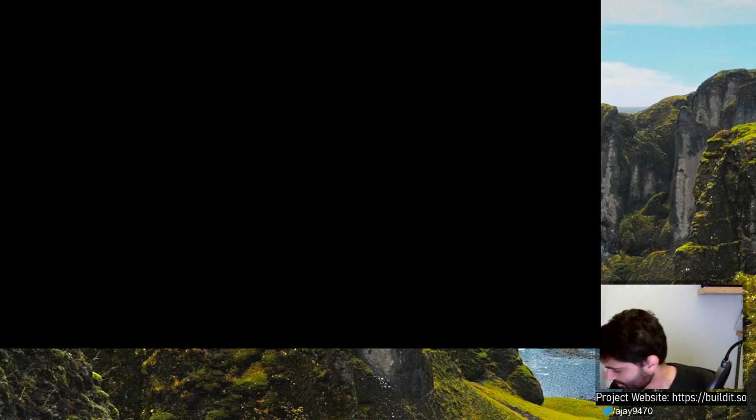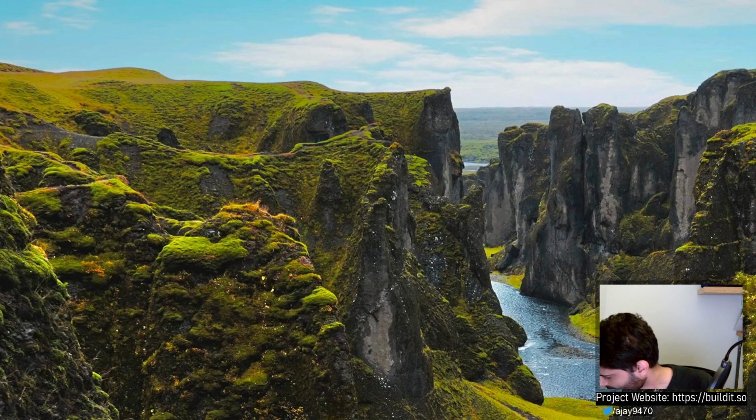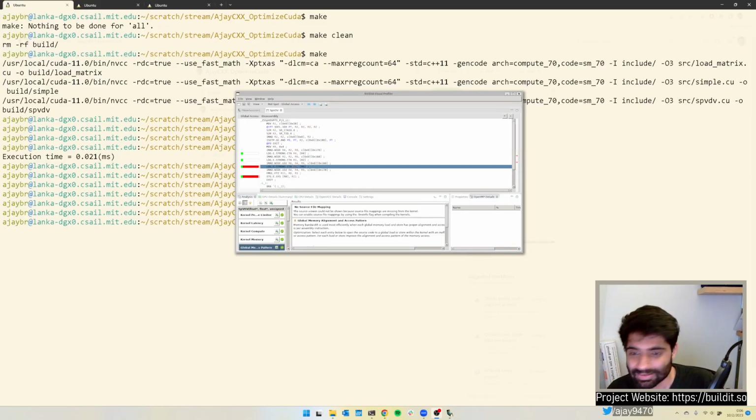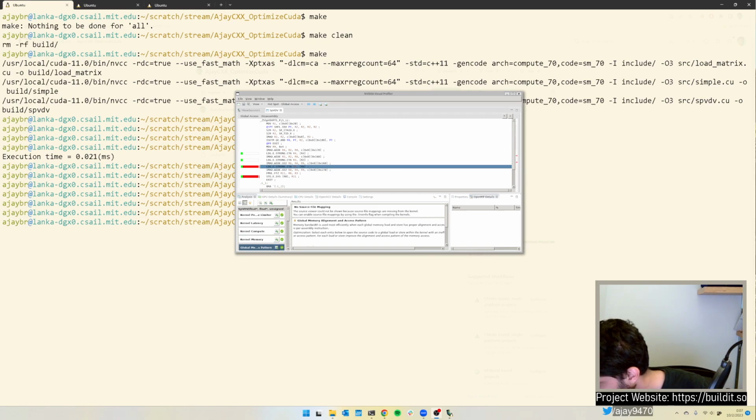Okay, it doesn't want to capture that. Never mind. Back to display capture. Maybe I can zoom this in a little bit. I'm gonna crop this. Okay, this should help.